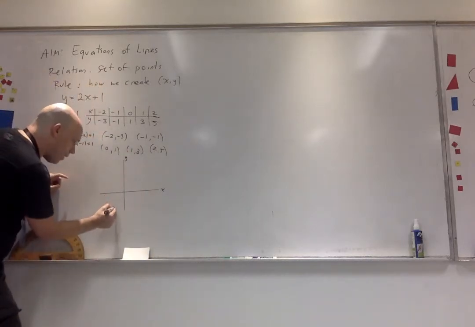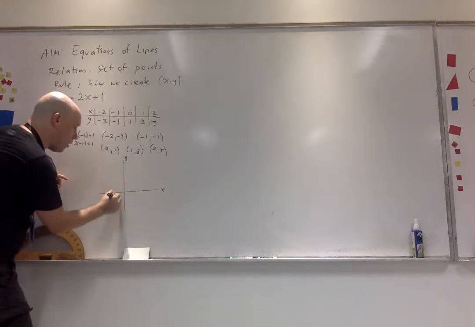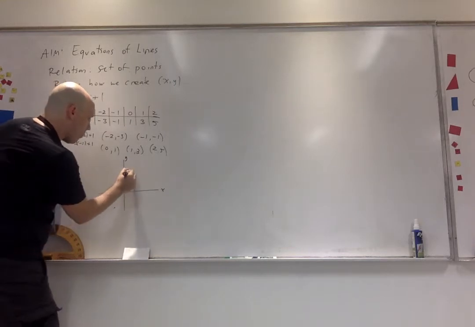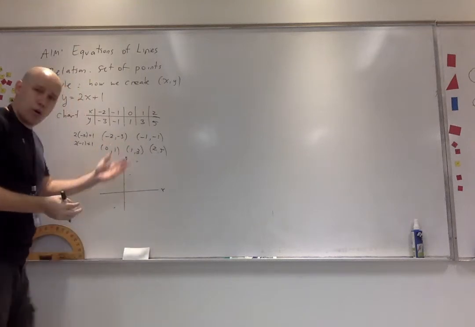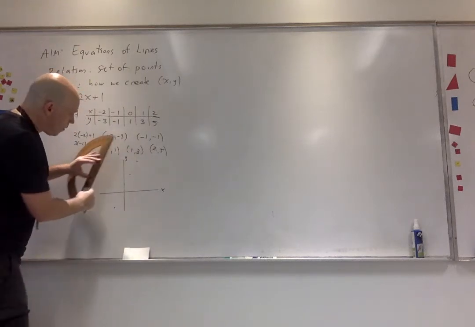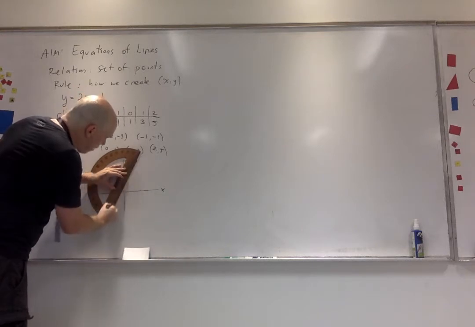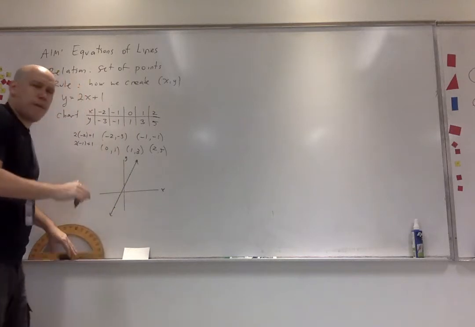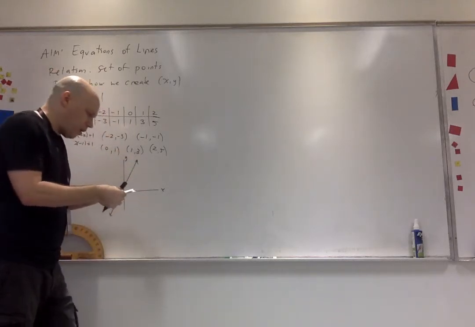Then it was (-2, -3), (-1, -1), (0, 1), (1, 3), and (2, 5). You plotted all these points, and then you connected them with a line. Right? That was initially, this was like 7th grade, 8th grade.